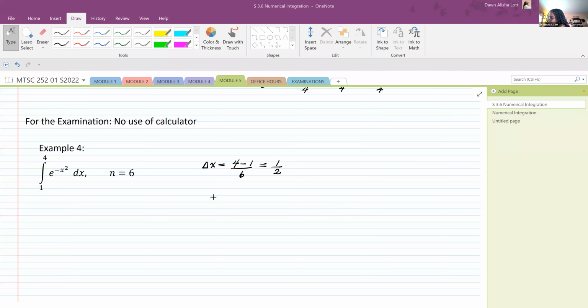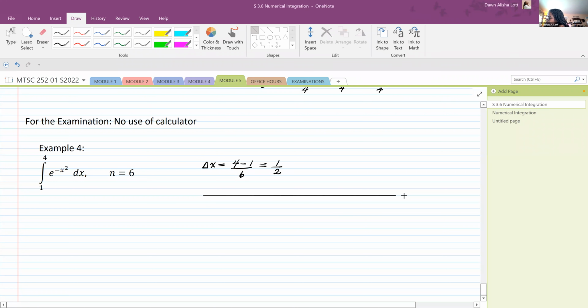Then you would take your interval. This is 1 and this is 4, and I have to divide it up into 6, and each one is a half. So this would be 3 halves, 4 halves.